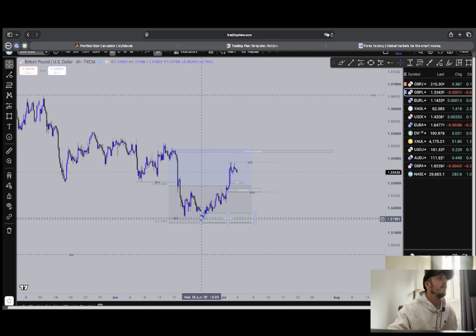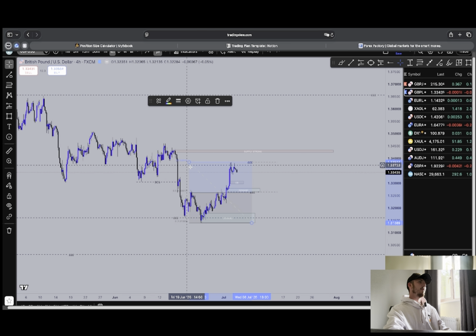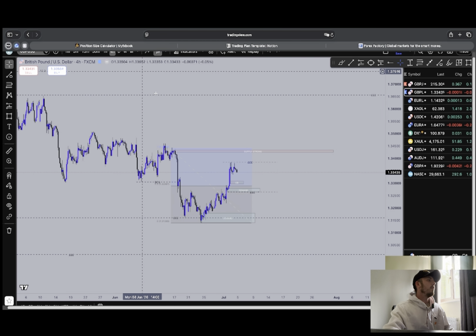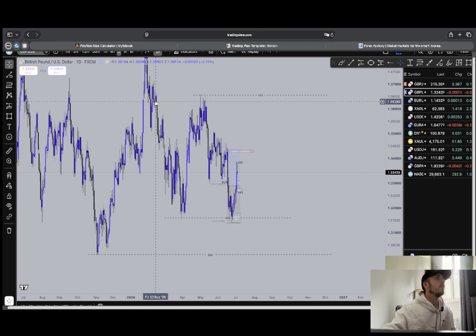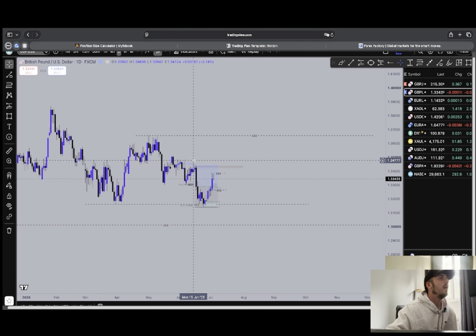I mean, some would mark their range from here to here because of the breaker structure there, but it's all down to personal preference, really. You could trade that, but because my most recent high is up here, breaker structure.